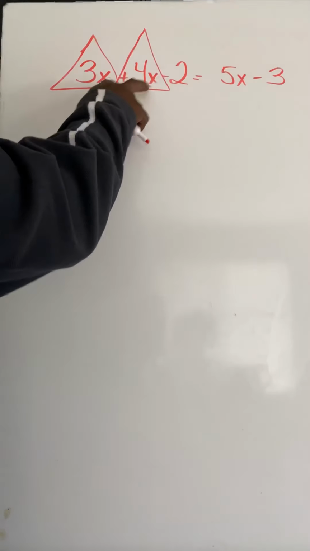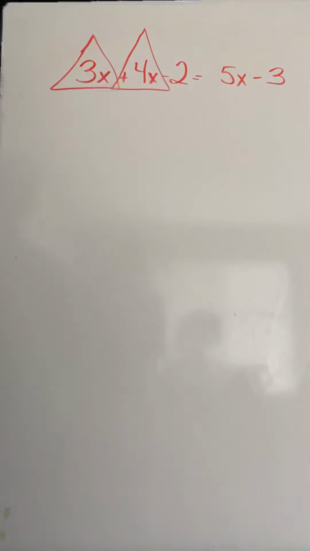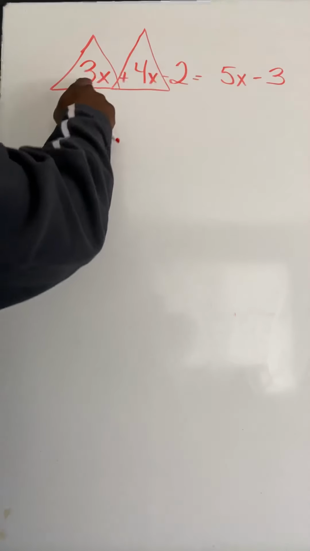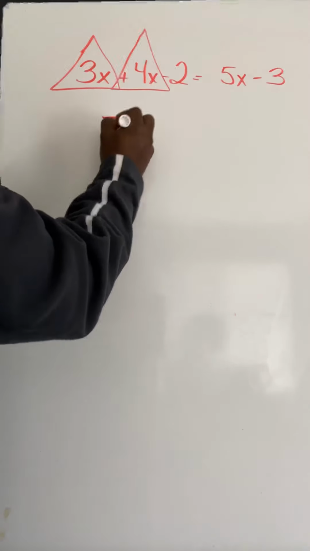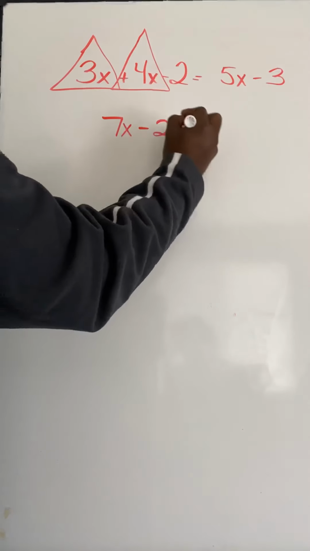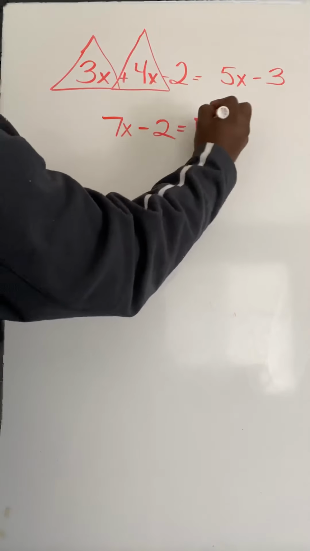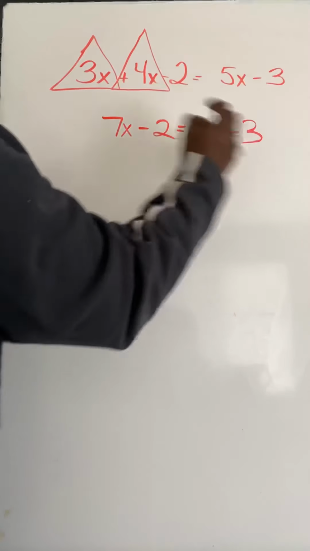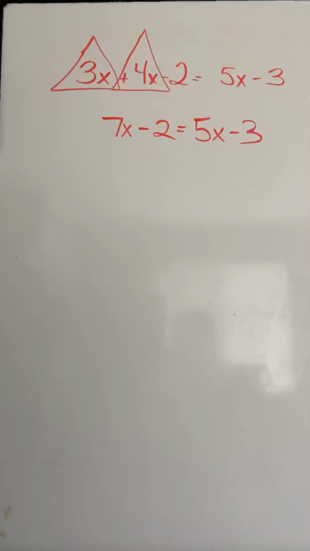These two teammates have x's and they're on this side of the equal sign. They're teammates. 3x plus 4x makes 7x. Bring down my minus 2. Bring down the 5x minus 3. So the first reminder is when we combine like terms, when we have terms that are on the same team and equal and on the same side of the equal sign.